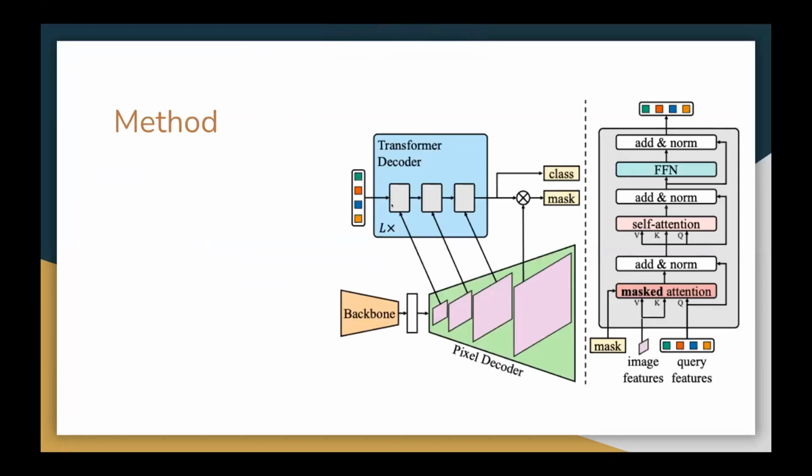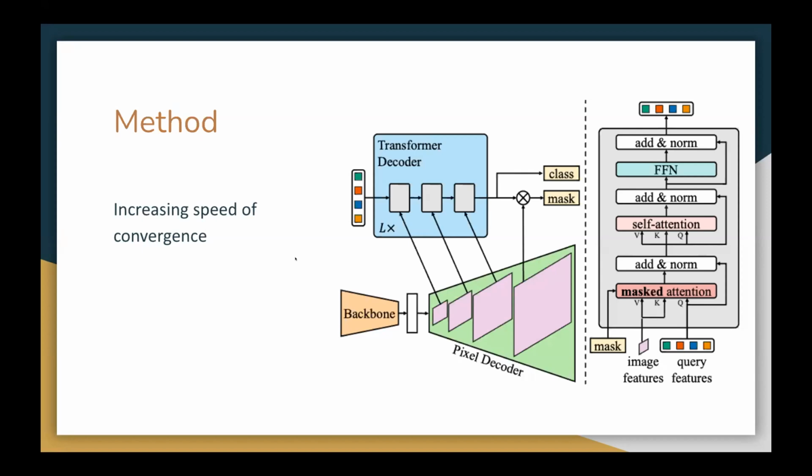So we originally started off with the Mask2Former because the Mask2Former performs very well in instance segmentation, and because it used masked attention, it was able to use high resolution feature maps. And since we were trying to detect very small objects, we needed to use a high resolution feature map in our model. To get it to adjust to our smaller dataset, we needed to increase the speed of convergence.